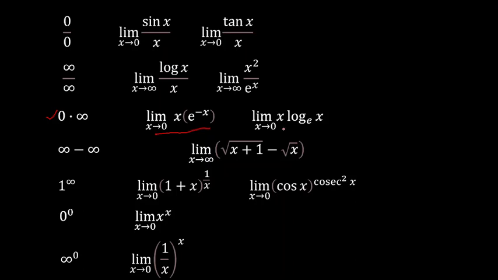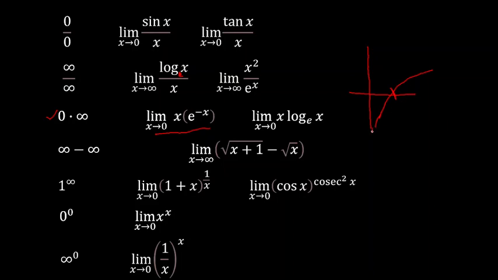Again, x tends to 0 limit x into log x to the base e. Yes, here also we have base e. So log 0 is actually minus infinity. See the graph of log of x to the base e. At 1 it is 0. At values greater than 1 it is positive.